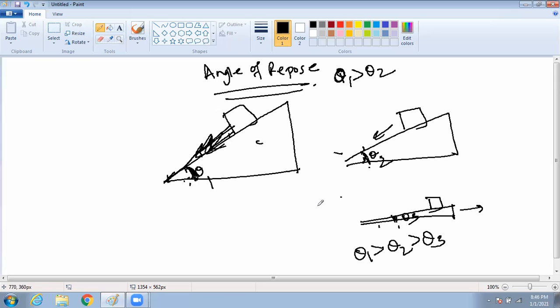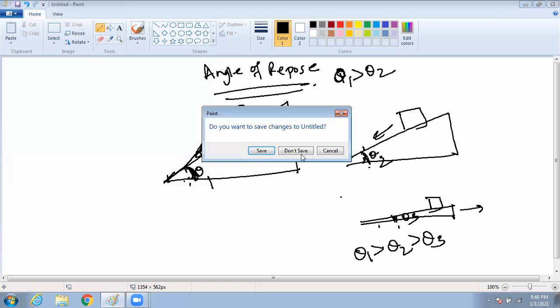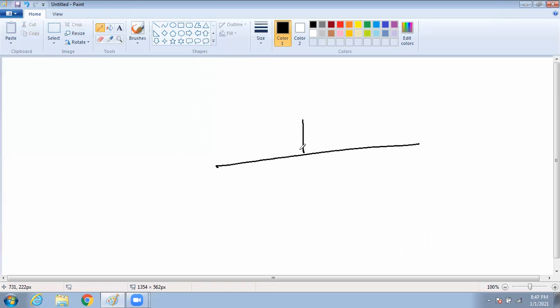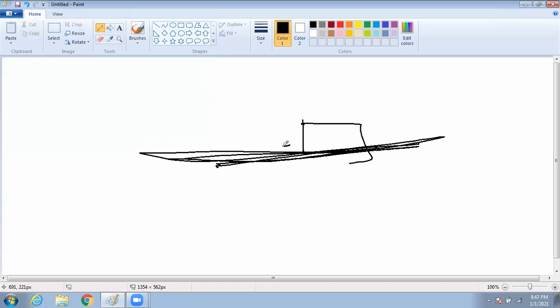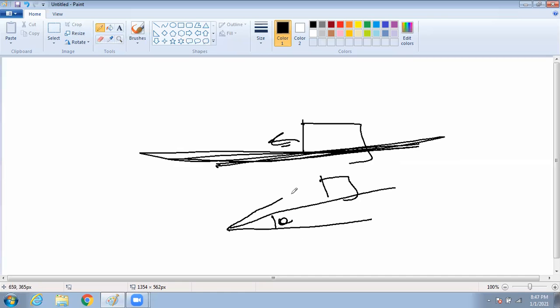So angle of repose means basically it's an inclined plane. You have an object like this. It is exactly horizontal. If you keep a body, there is no case of sliding. But let's say I am slightly inclining it, increasing theta. The body will still not move. Again, I'm increasing it to here. The body will not move.